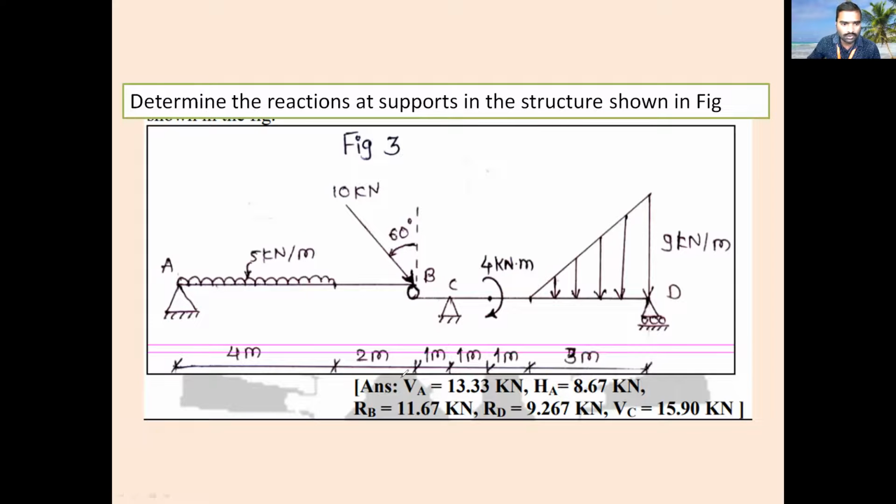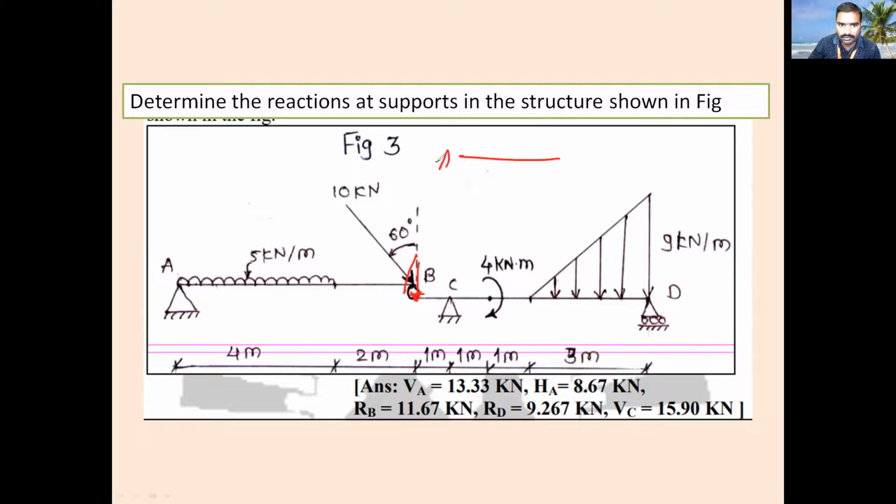First you have to consider AB. So this is the reaction you are getting, RB. When you are considering the beam BD, you have to put the reverse direction, that is downward direction. Downward direction you have to substitute.